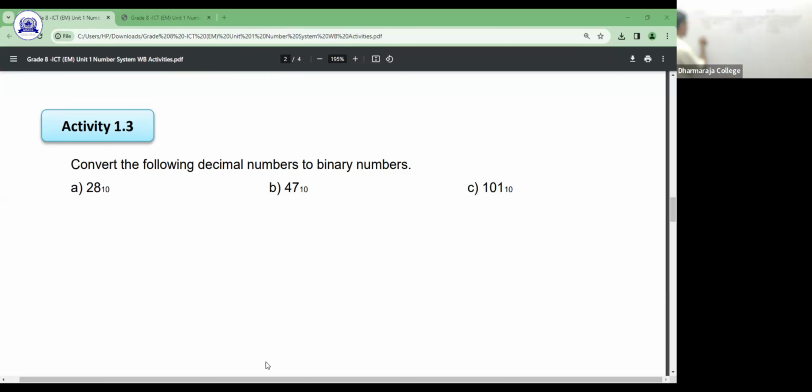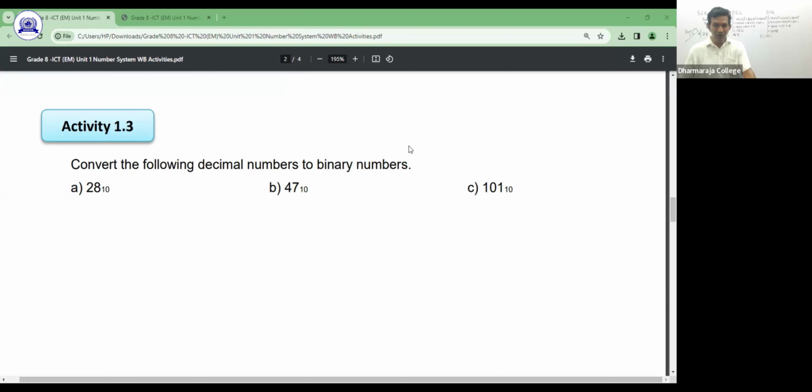Activity 1.3. First one we have 28. Second one we have 47 to convert. And the next one is 101. Okay. So those are the questions in the activity.